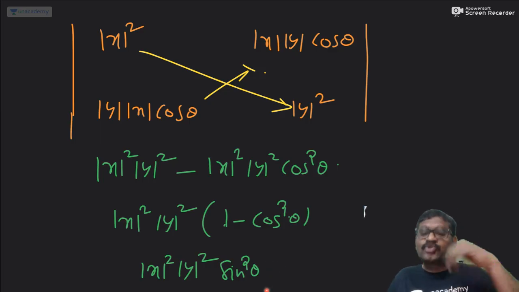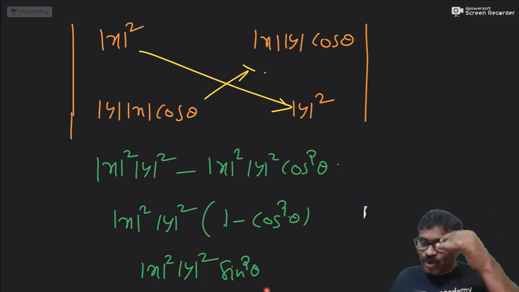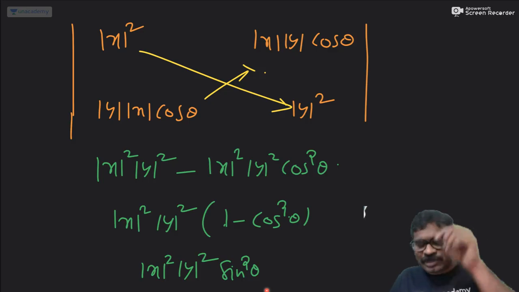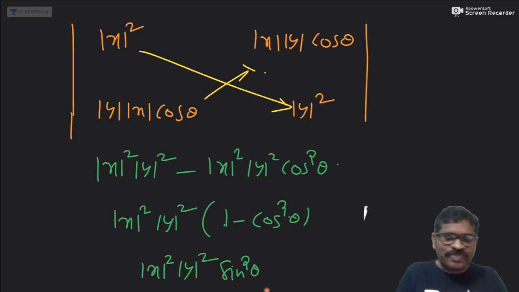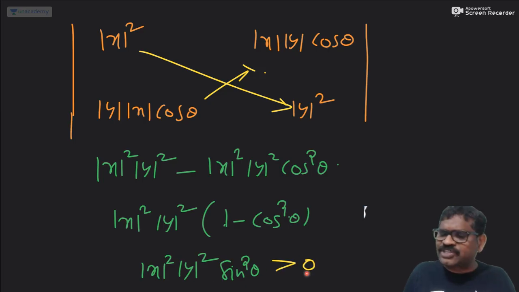Mod x whole square, 100% positive. Mod y whole square, 100% positive. Sin theta whole square, 100% positive. So all are in square form, right? Therefore it is positive.